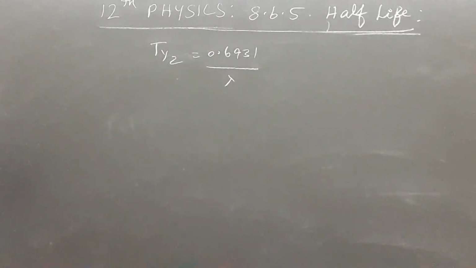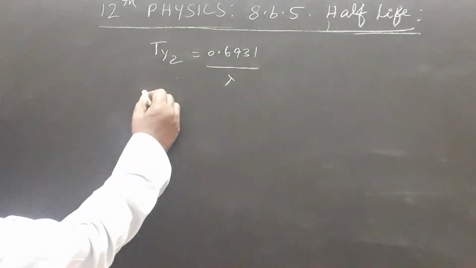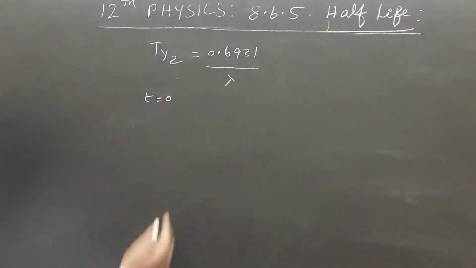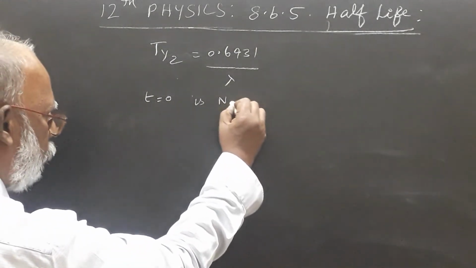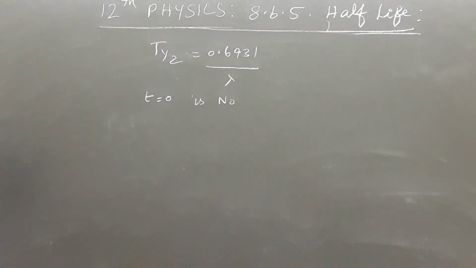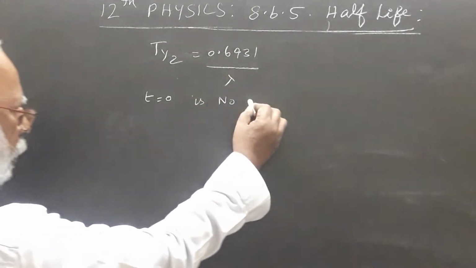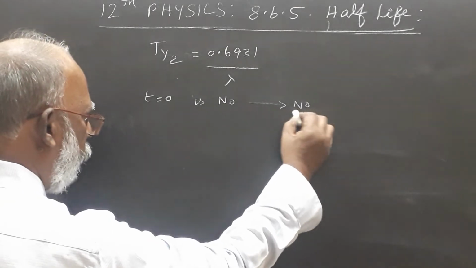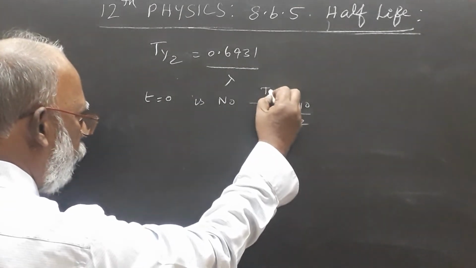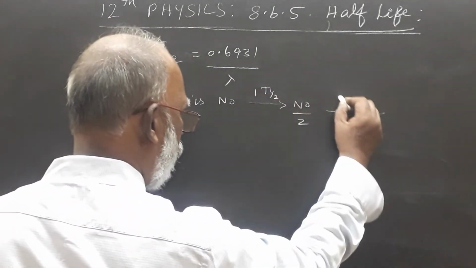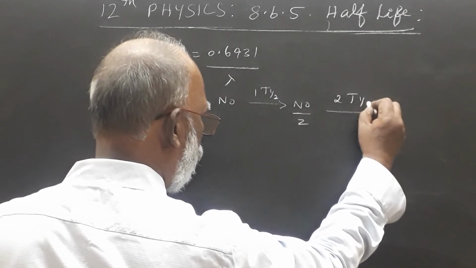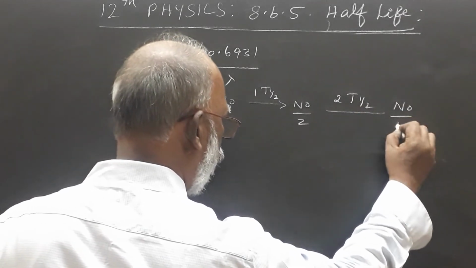Now, at t equal to 0, the number of atoms present is N naught. Then it becomes N naught by 2 in the first t of. This is called the first t of. In the second t of, it is reduced to N naught by 4.